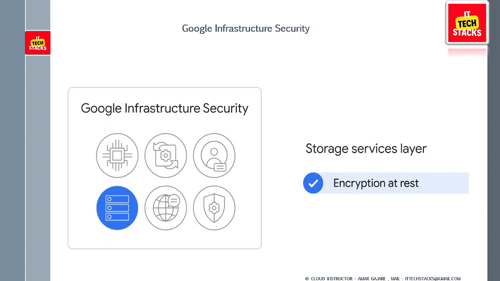How does Google maintain the storage encryption? Google enables hardware encryption support in hard drives, and you can see the level of encryption and security Google maintains at all levels.